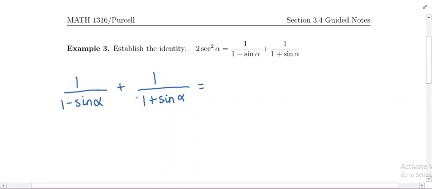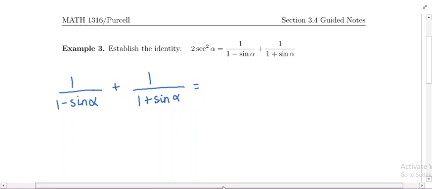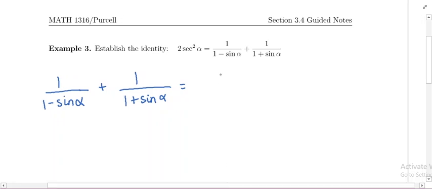Since we're adding the fractions, we need to get a common denominator here. And again, since trig is involved here, it might be a little more difficult to tell what that is, but the easiest thing to do in this situation is just multiply the denominators together and you will have your common denominator, okay? I'm going to take the fraction on the left and write it down, okay?